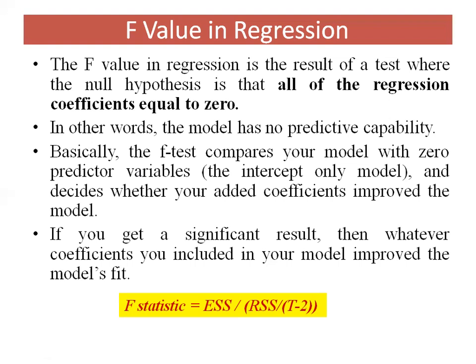We compare two models: the model without any coefficient, that is only the intercept, and the model with coefficients, because each independent variable will have a coefficient. So the assumption is that all regression coefficients are equal to 0, or the model has no predictive capability.